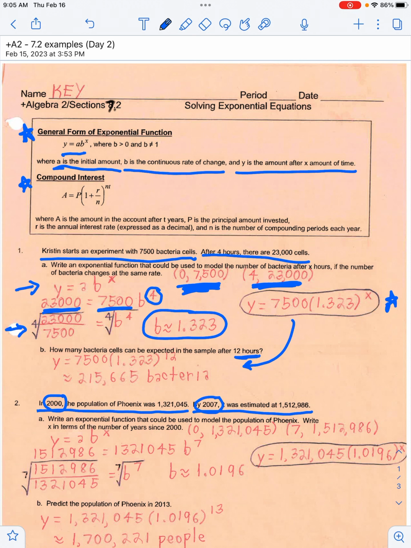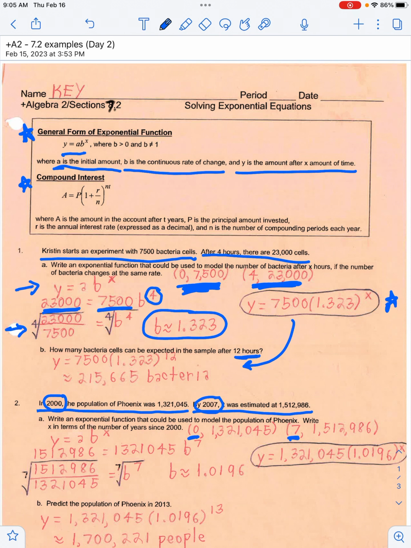So for the year 2000, I used 0 as my initial year. And then my number of people was the population. And then for my second ordered pair, the year is 7 because 7 years elapsed, and my population is the second number, the 1,512,986.